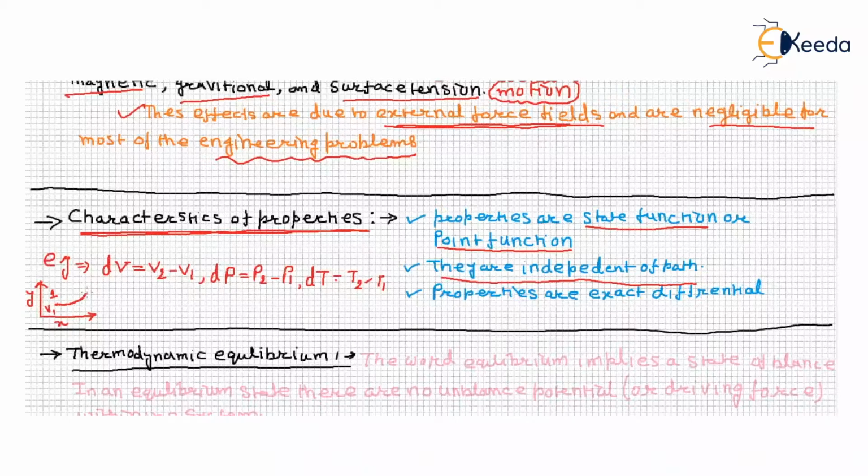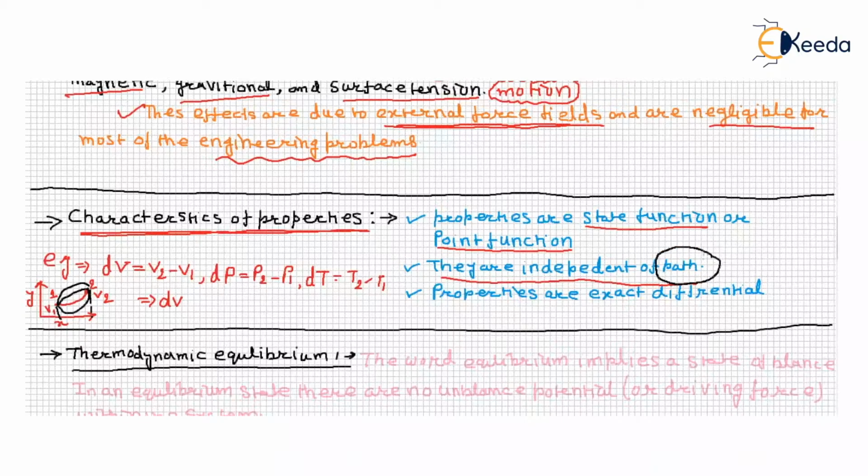What is the change? The change is dV, and this is exact. Why exact? If you draw any path from 1 to 2, the change is fixed for any path, path A, path B, path C, path D. This change is fixed. That means it is independent of path.